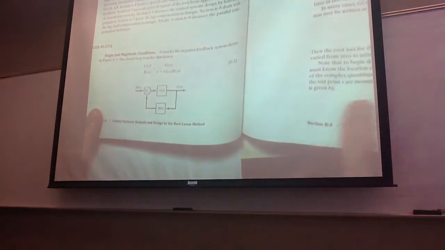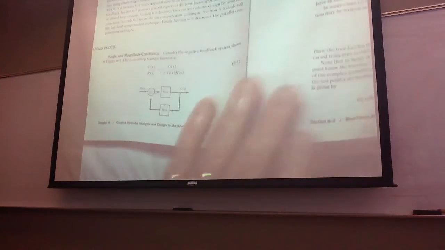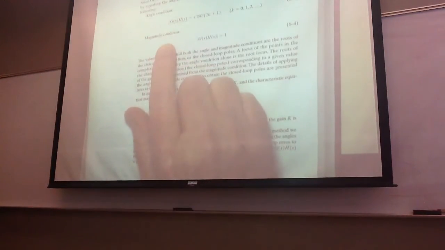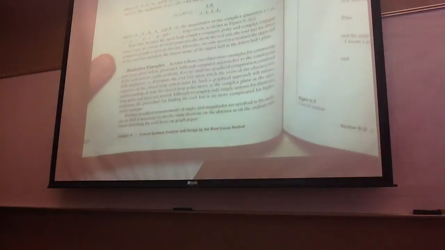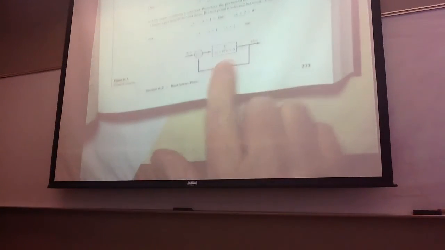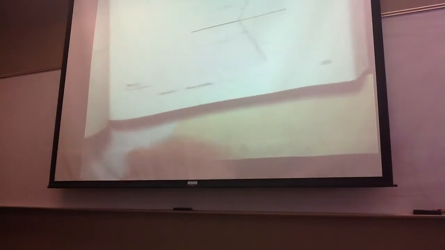All right. So here, root locus plots, illustrative examples. It talks about angle condition, magnitude condition. Here's an example. Here's a block diagram that doesn't have an H in the bottom.